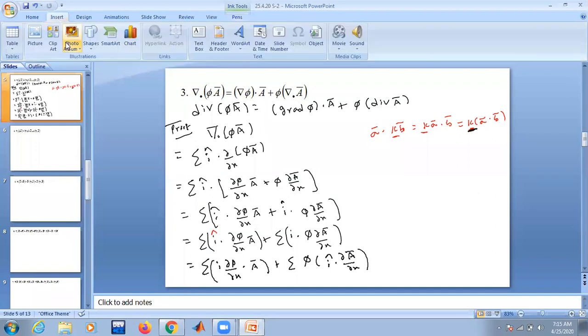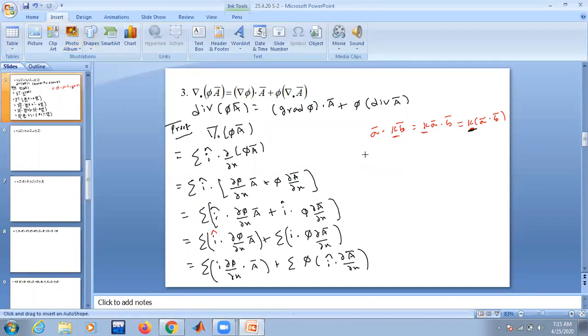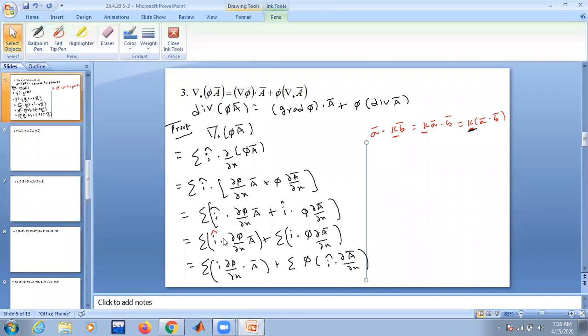Now if I apply the formula, see here, if you expand, what is the first term expansion? i dou phi by dou x dot A bar plus j dou phi by dou y dot A bar plus k dou phi by dou z dot A bar.